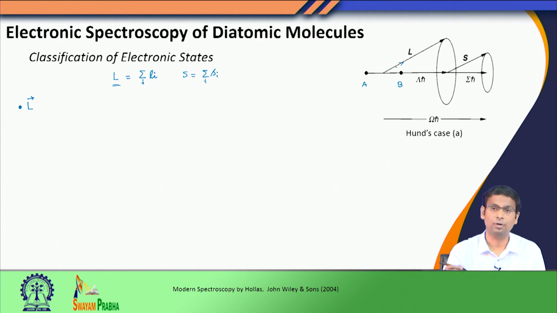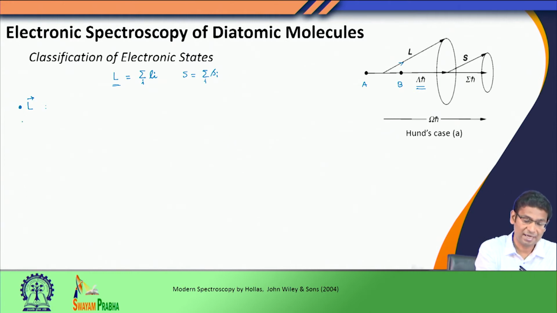The electron precesses around the nuclear environment so rapidly that the magnitude of L is no longer a defined quantity. While its magnitude is no longer defined, the projection of this vector L onto the internuclear axis is given by lambda h bar. So, the magnitude of L is not defined.